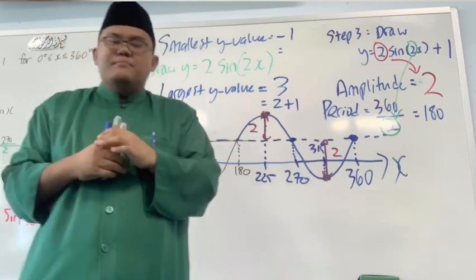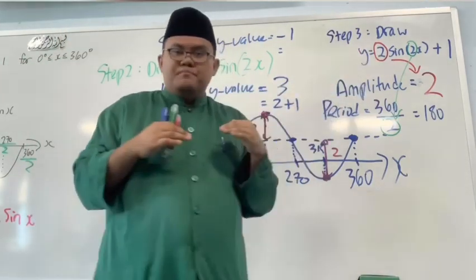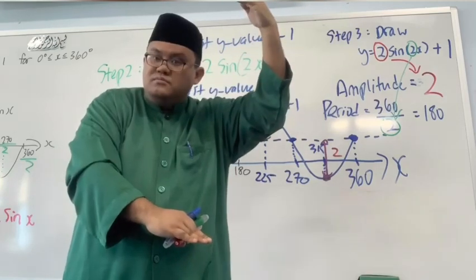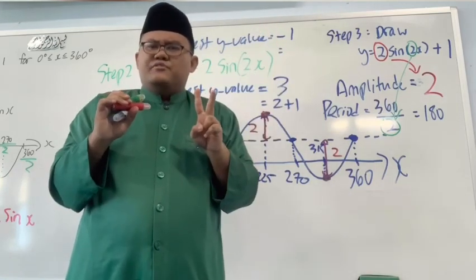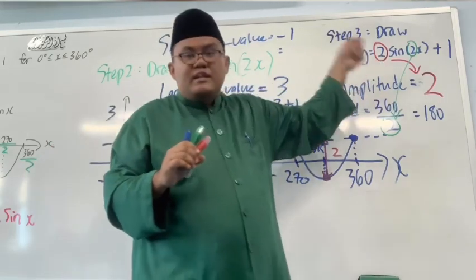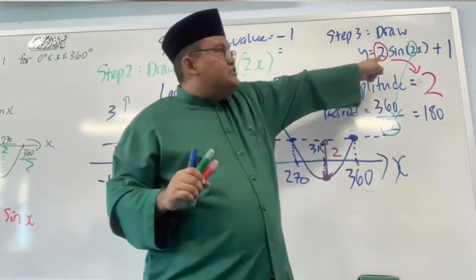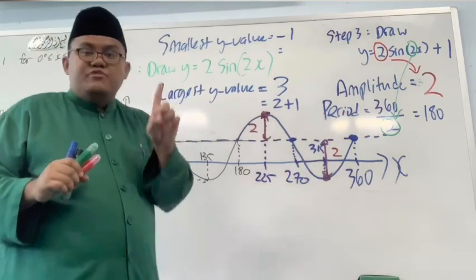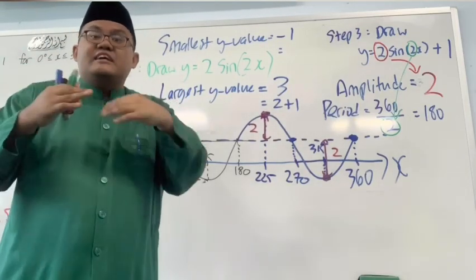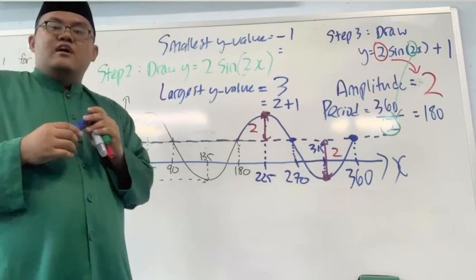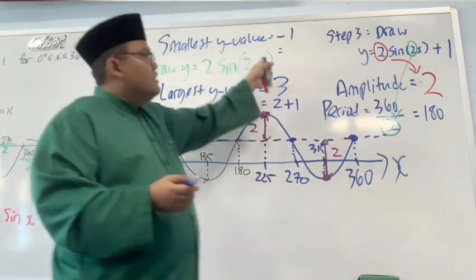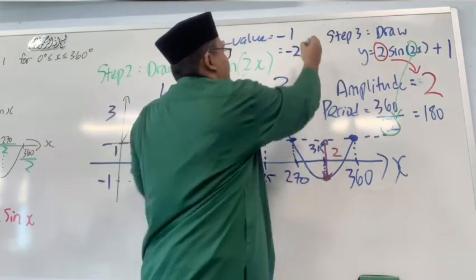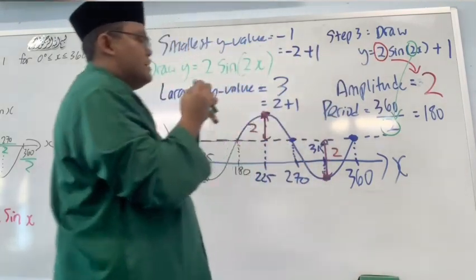Remember, if this is 2, it tells me that 2 is high, minus 2 is low. So there's always 2 numbers, the positive one and the negative one. We use the positive one to get the largest y value, and we use the negative value to get the smallest y value. So negative of 2 is negative 2, plus 1, and we get negative 1.